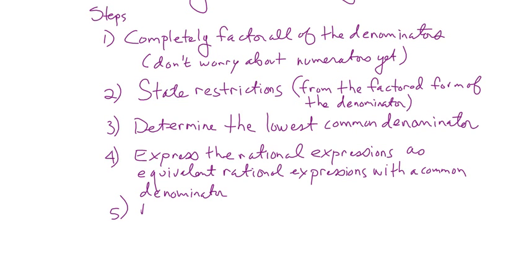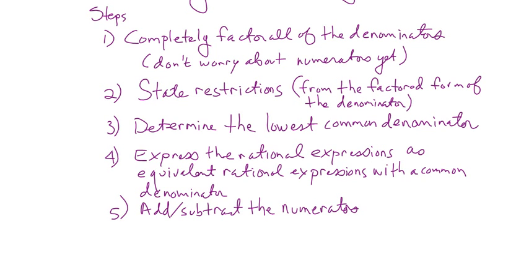Add or subtract the numerators, leaving the common denominator, right? We don't change the denominator. Once we found a common denominator, like fractions, you change everything to be over 7, then you add, it's over 7, right?